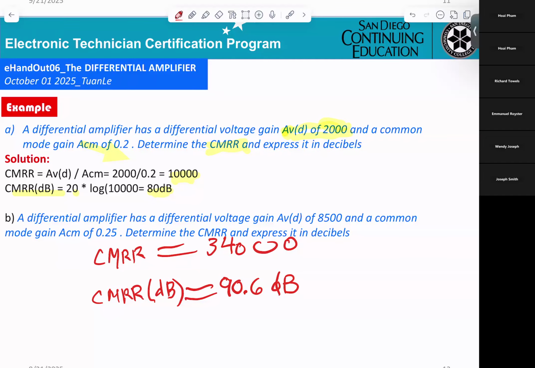Yes, I got 90.6 dB. You get minus? No, no, I got 90.6 dB. Okay, so you get the right one with the other guy. Yes, so this is the right answer.